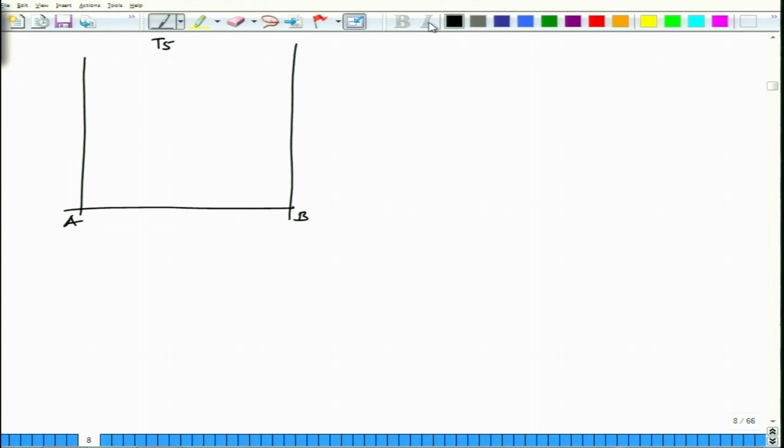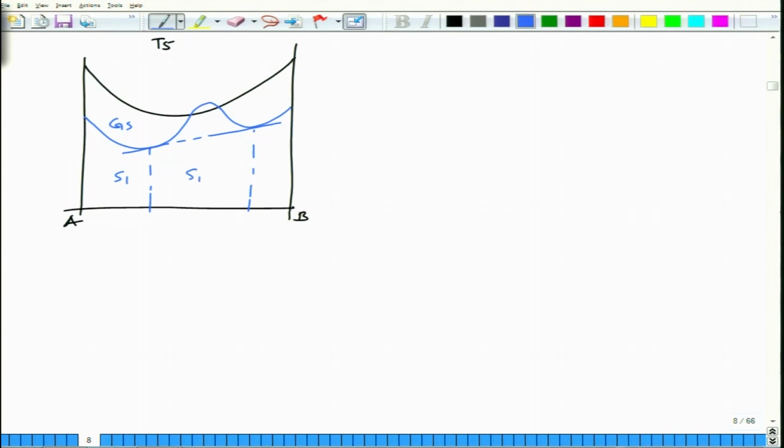At T5 your liquidus is something like this, and the solid free energy curve changes a bit. The solid free energy curve takes this form. So now the solid has basically phase separated into different compositions.